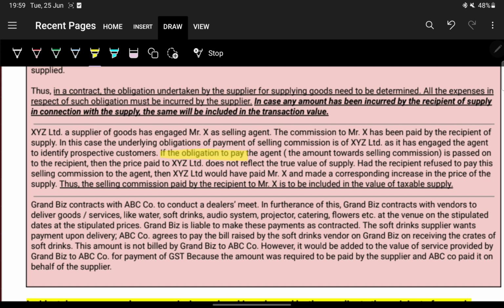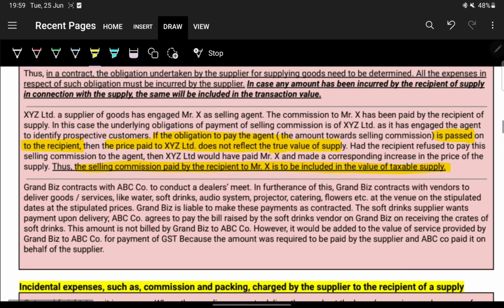If the obligation to pay the agent is passed on to the recipient, then the price paid to XYZ Limited does not reflect the true value of supply. Meaning thus, the selling commission paid by the recipient is to be included in the value of taxable supply. Is that clear? So basically, this is also a question of incidental expenses.